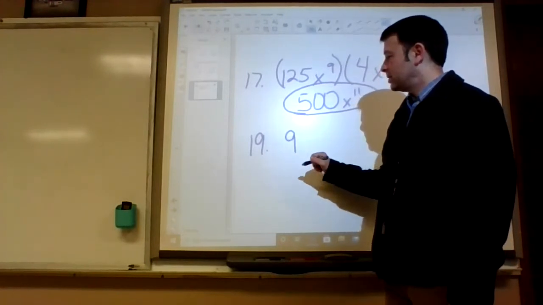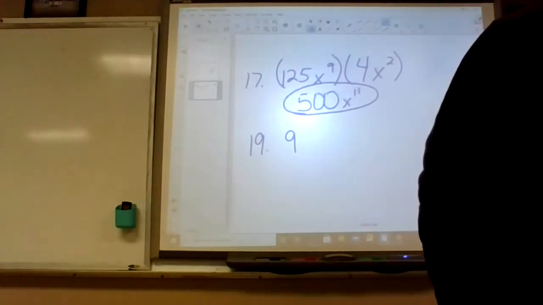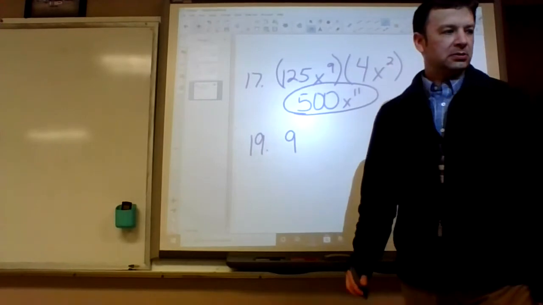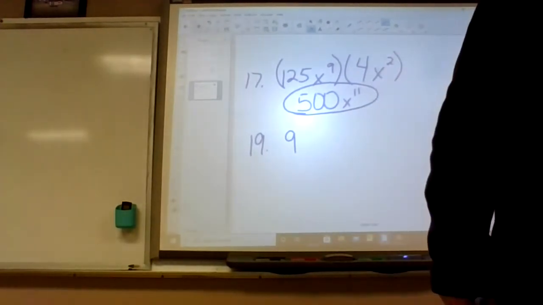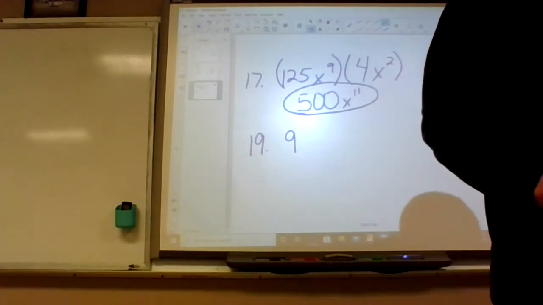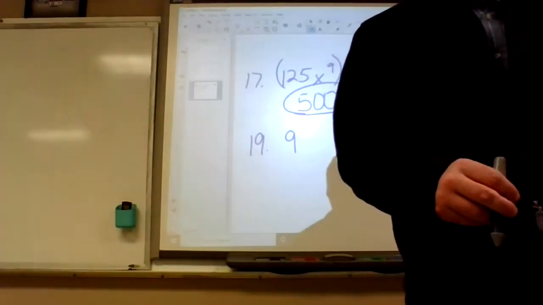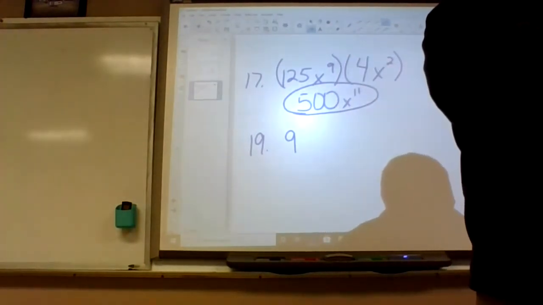Wait, isn't it squared? No, it's cubed. We're on 19, right? Negative 3 squared. X is cubed, but we're squaring the left parentheses. Oh, okay. Gotcha.